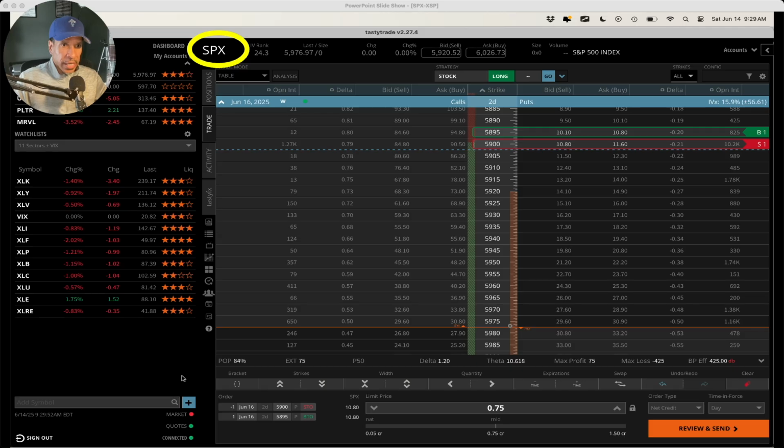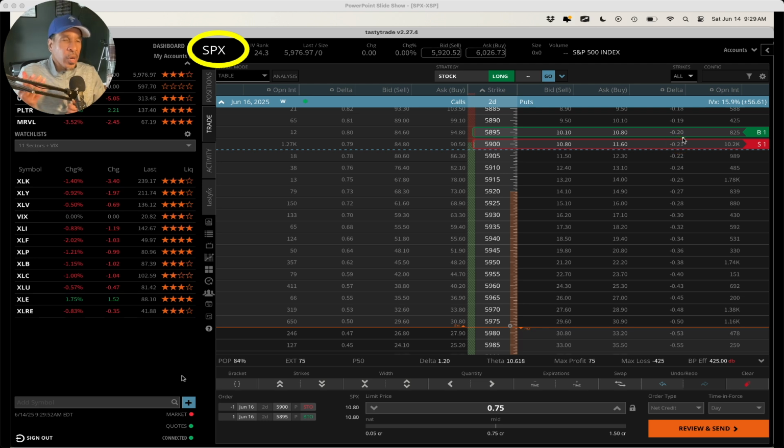Give me 1 second here. There we go. Okay, so the value of SPX when the market closed on Friday was 5,976.97, right? And so looking at this hypothetical trade here, the delta on the short strike is 21.